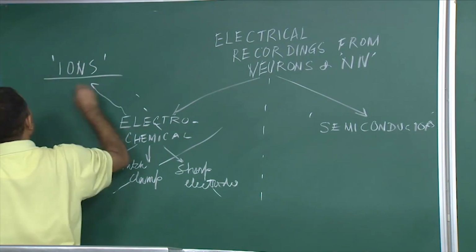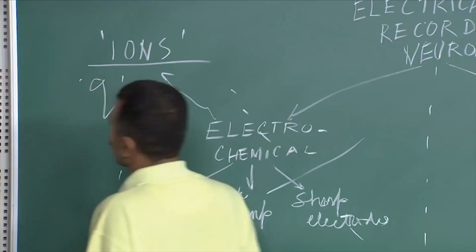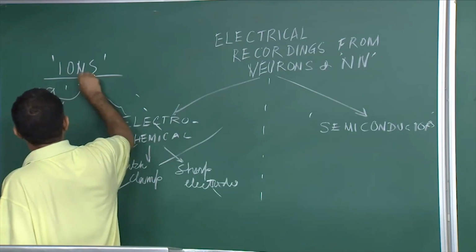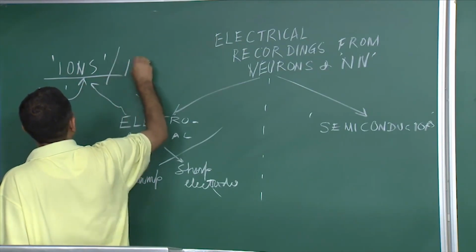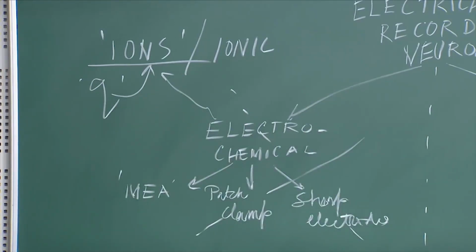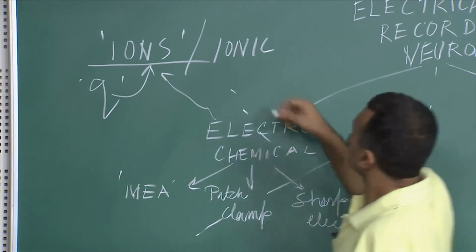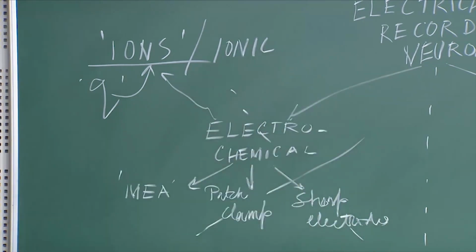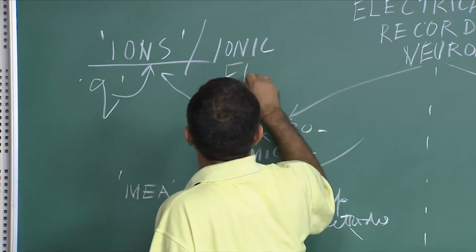If I represent charge by q, all the charge transport is in the form of ions, and we are dealing with ionic fluxes.